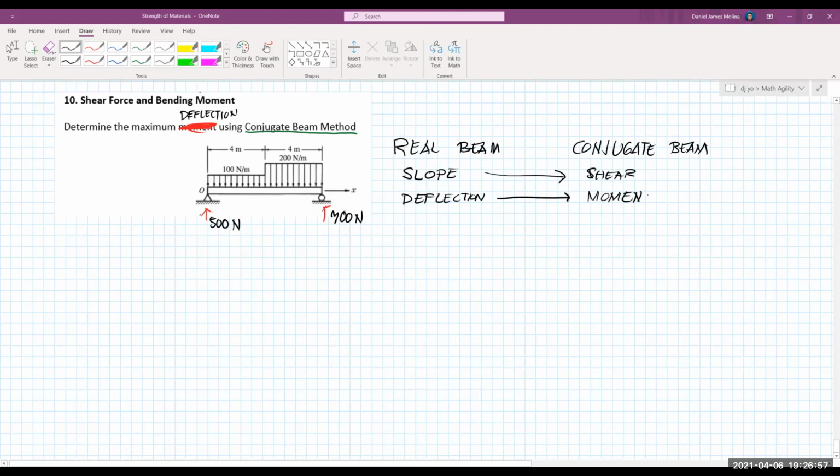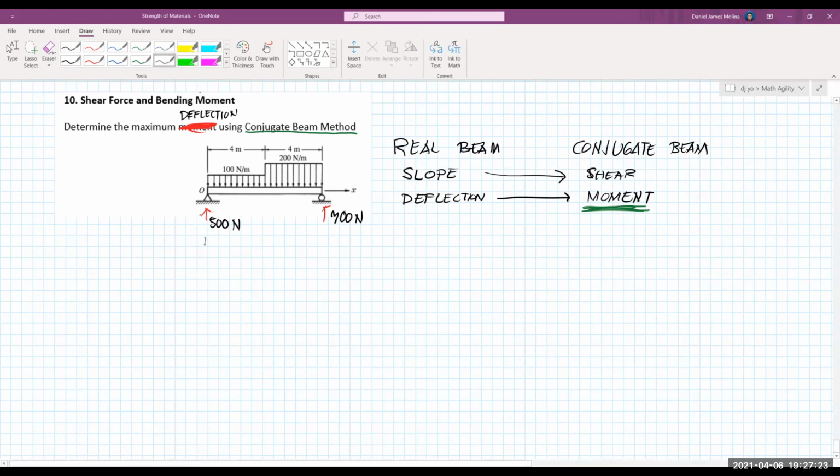So it will be easier for us to determine the maximum deflection for the given beam, because we'll just have to take the maximum moment of the conjugate beam. But we don't need to draw the moment diagram of the conjugate beam. We just have to solve for the moment at that given point.